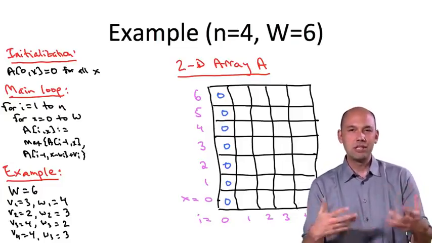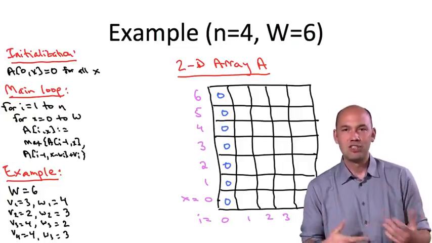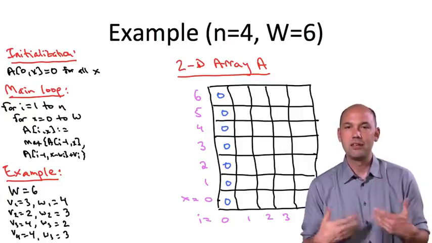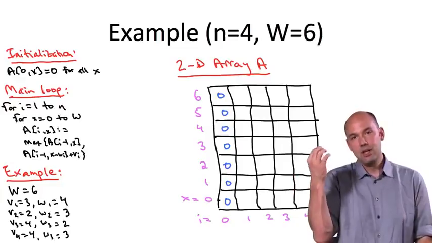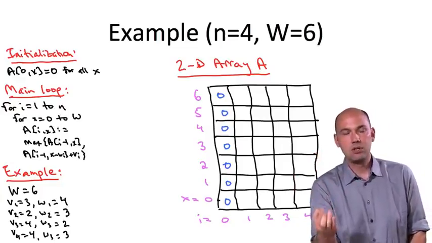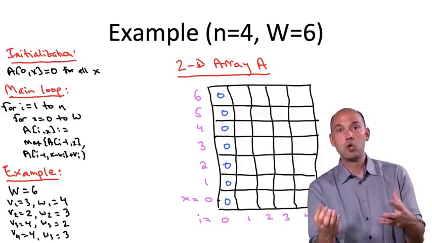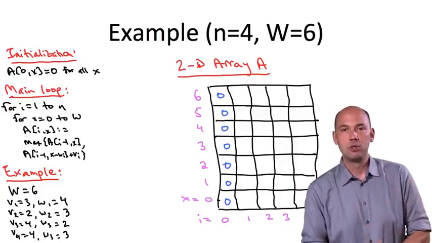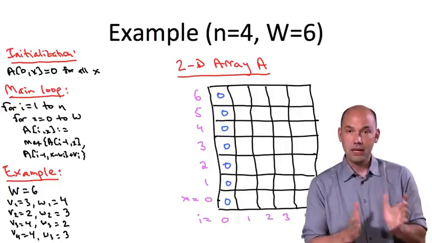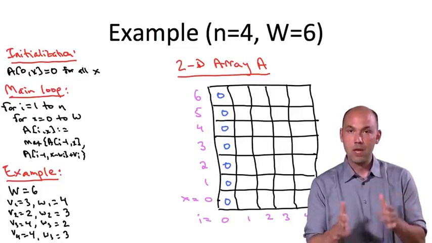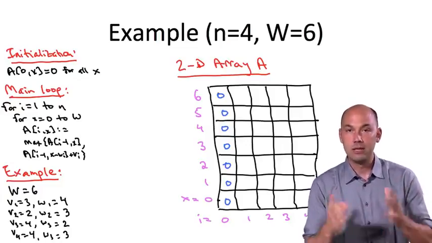Now, for the early subproblems in a column where you have essentially 0 residual capacity, it's kind of degenerate, right? So if your residual capacity x is actually less than the weight of the current item you're considering, w sub i, you have no choice but to inherit the previous solution. You're actually not allowed to pack the current item i. So concretely, in this example, in the first column, notice the weight of the first item is 4.